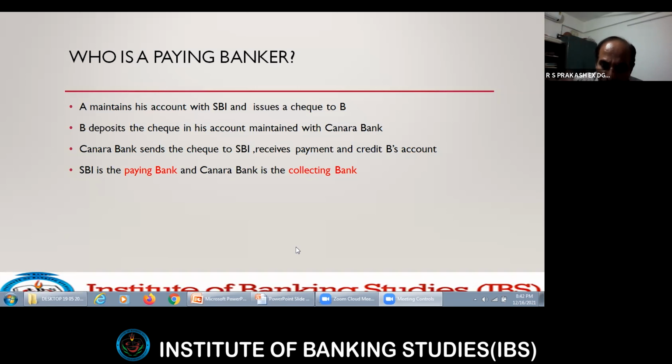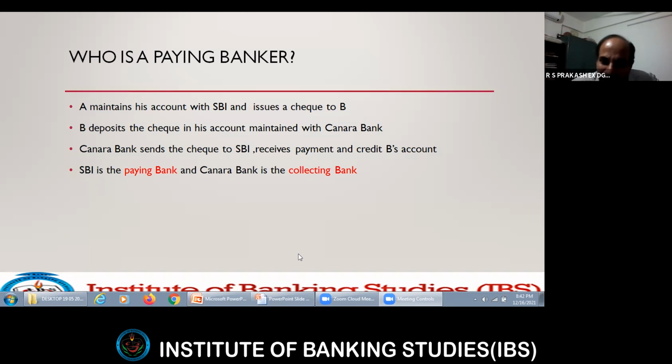The bank is well within its rights to make the payment to anybody who presents the check at the counter, if otherwise it is in order. That's why it is called once a bearer, always a bearer.